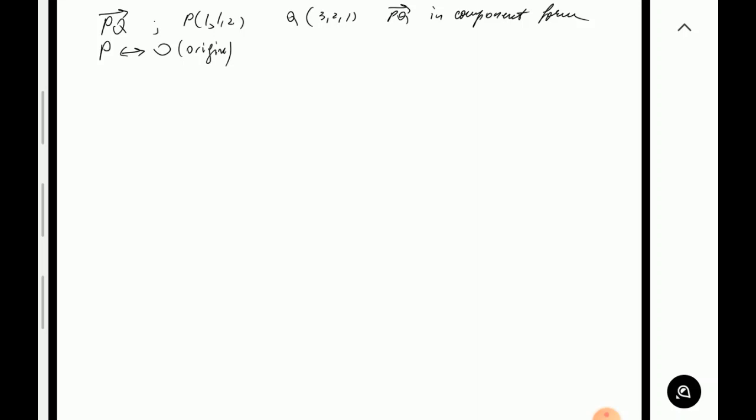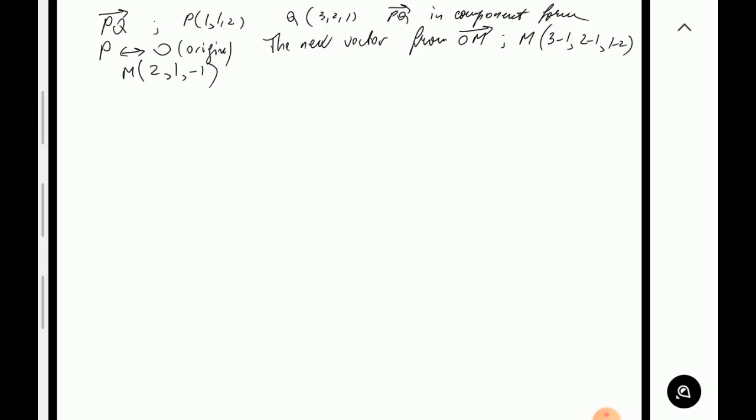So the new vector, let's say from the origin to another point M, has M given by 3 minus 1, 2 minus 1, 1 minus 2, right? So you subtract the coordinates of the initial point from the terminal point. So 2, 1, and minus 1.